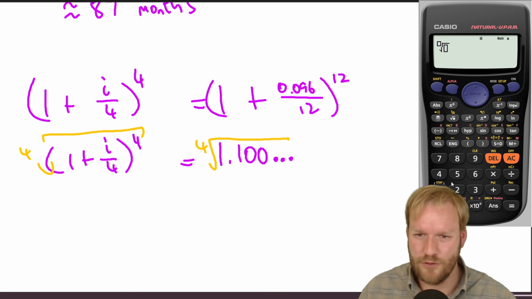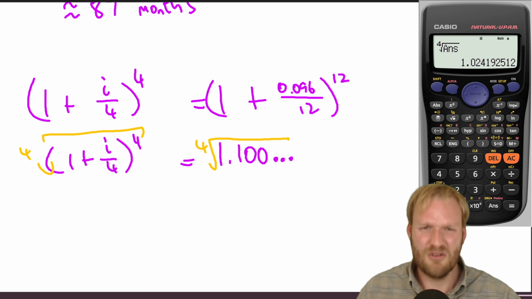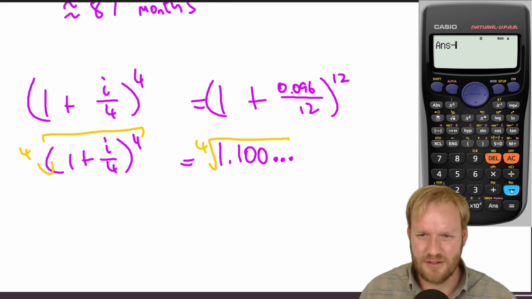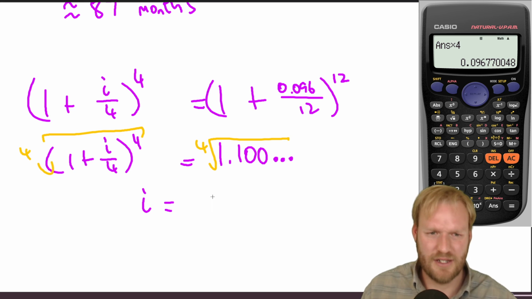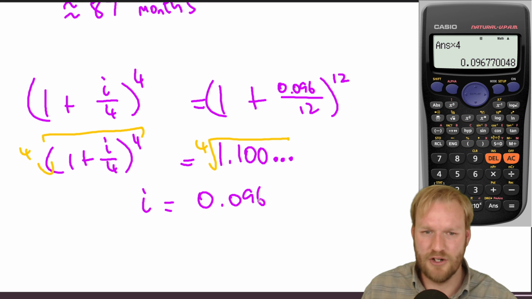So we're going to take the fourth root of the answer, because that's the previous answer in my calculator. I don't want to write down each step because it just feels like a waste of time. So minus 1 gives us that, times 4 gives us our interest rate. I think it's often useful just to write this number down, 0.0968 and so on.